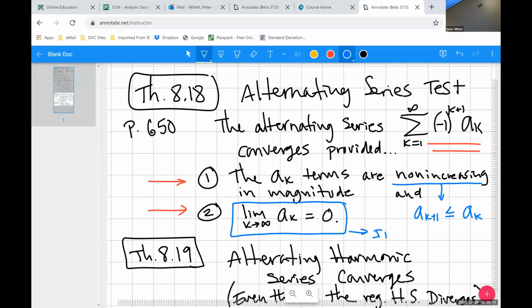So if not true, then divergent. So the only way we could have this test fail and not know that it's divergent is if you had something where the second part does go to 0, but the first part, they weren't strictly non-increasing.